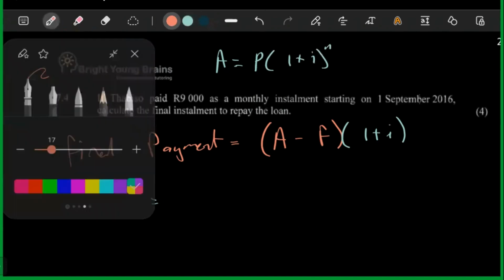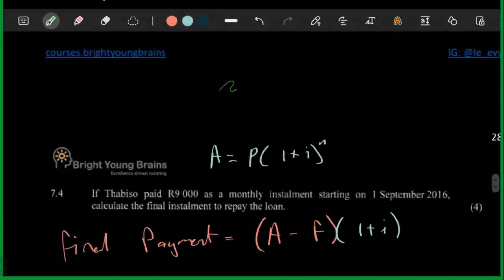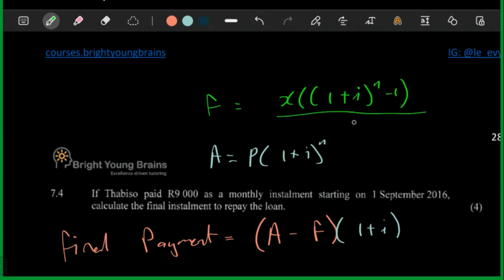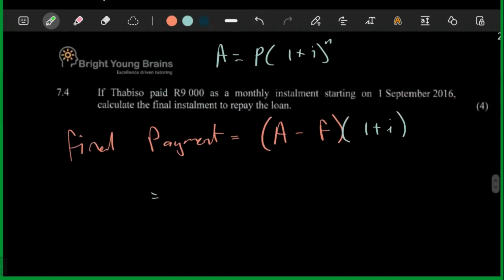And F is the future value formula: x times (1 plus i to the power n minus 1), the whole thing over i. A here is this value, 256,289.06, and then 1 plus the interest.